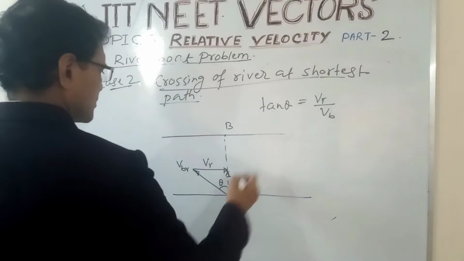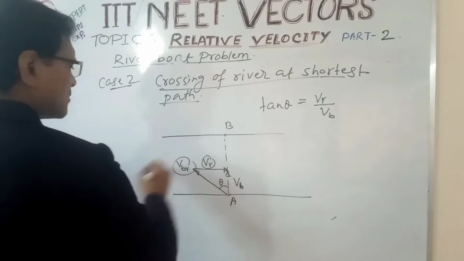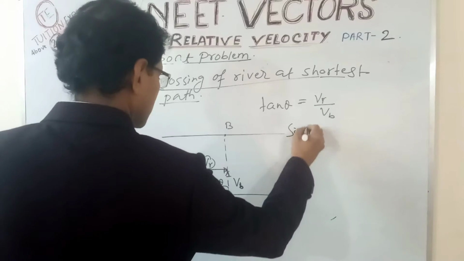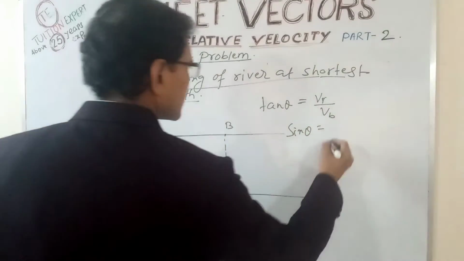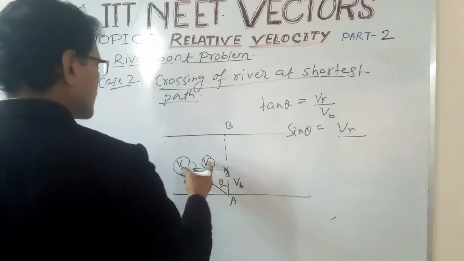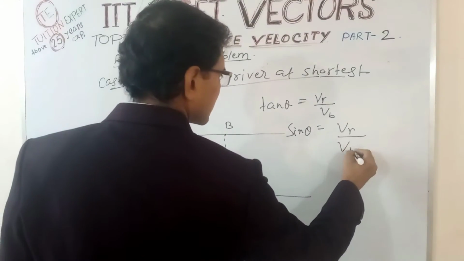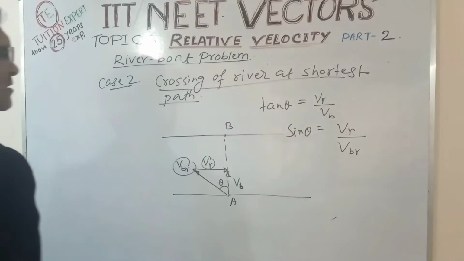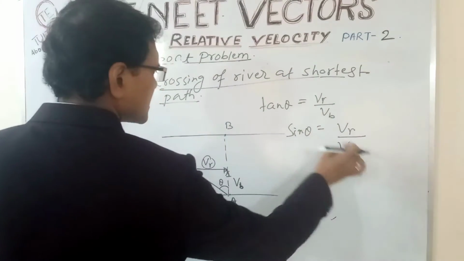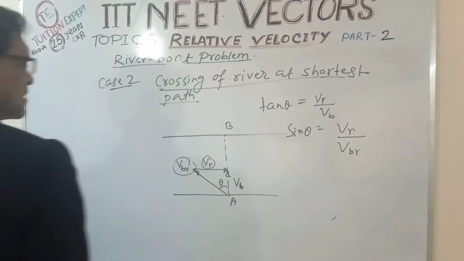Or if this is given and this is given, we can get sin theta equal to VR by VBR. Sin theta equals VR by VBR. This by this, so we get that result from this relation. If this is given, then we can get theta.